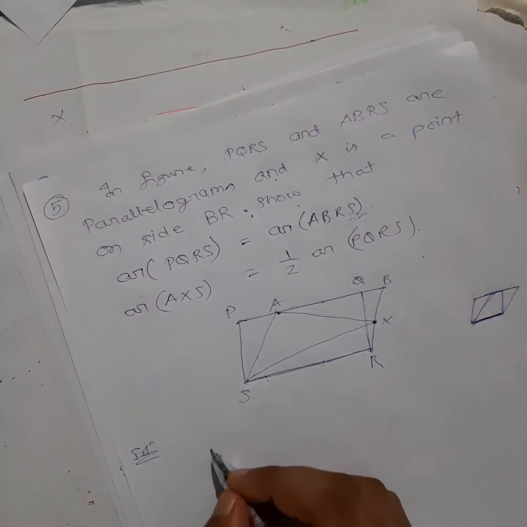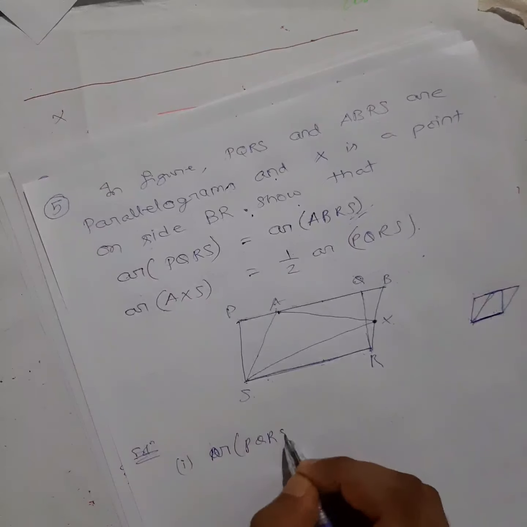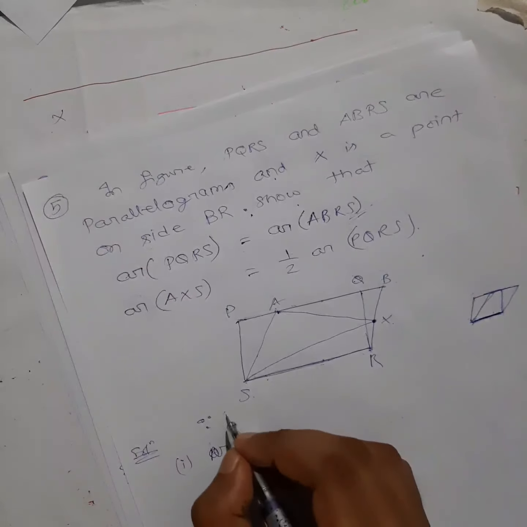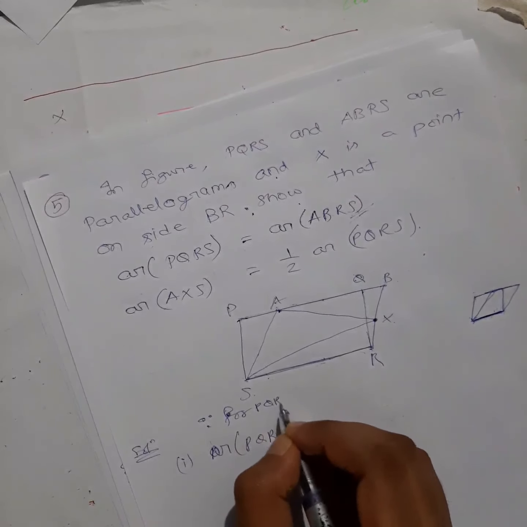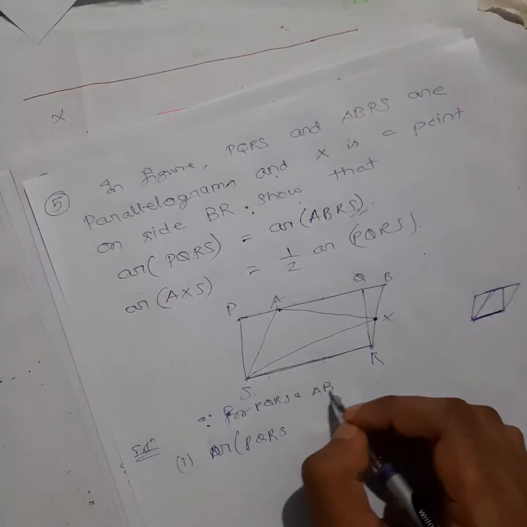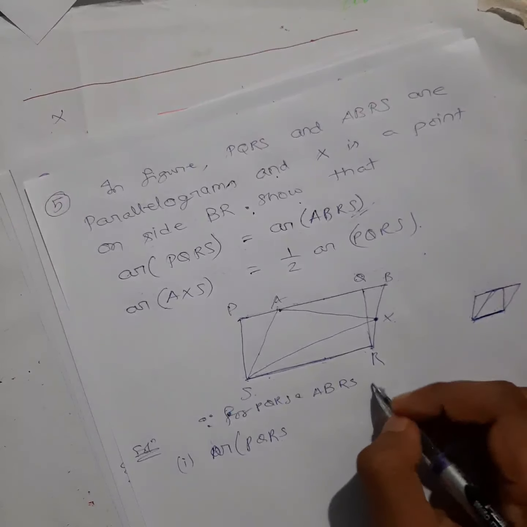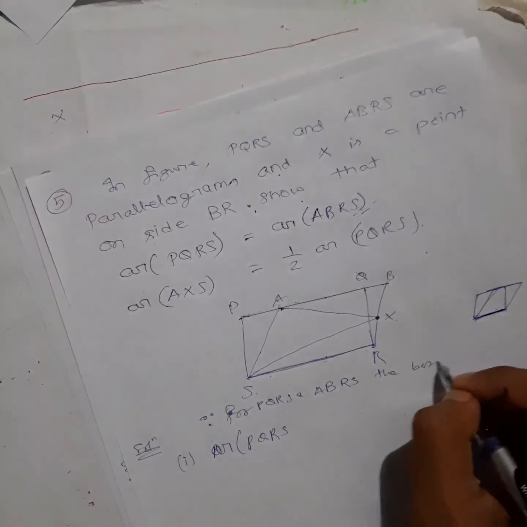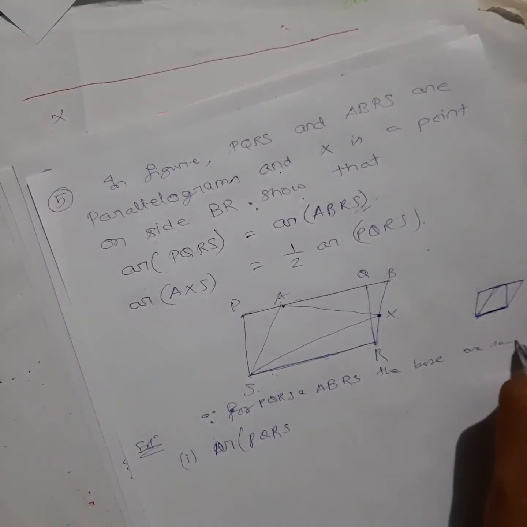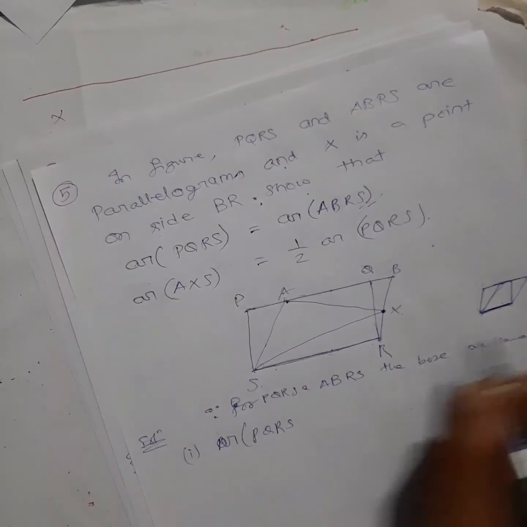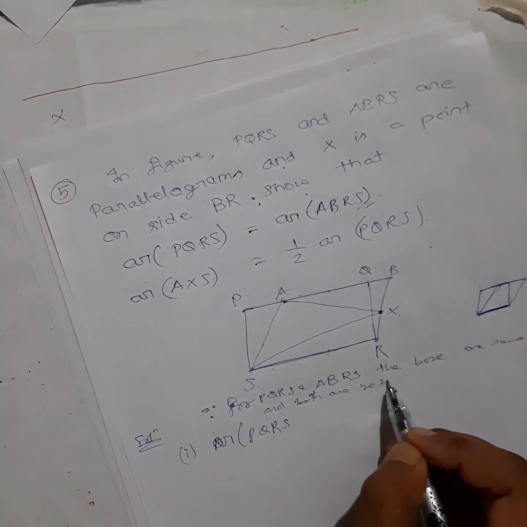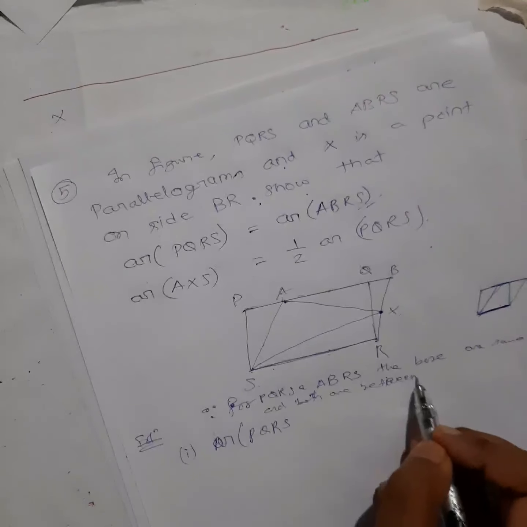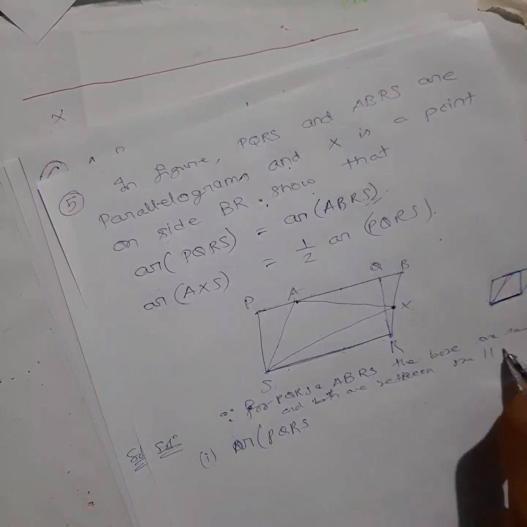That's why we can write number 1, we have already proved, right? Area of PQRS, since for PQRS and ABRS, the bases are the same, that is SR, and both are between the same parallel lines.